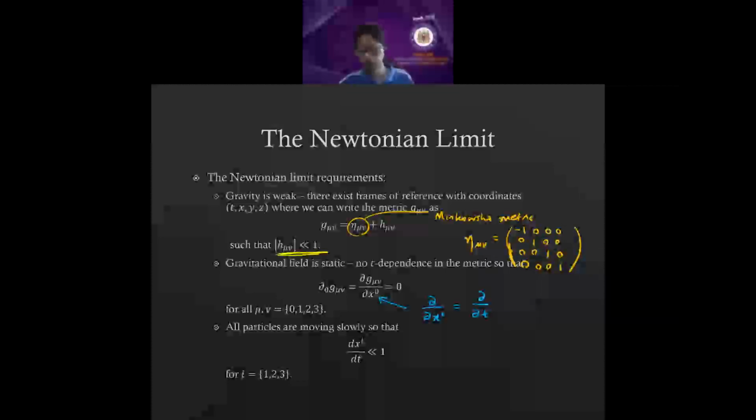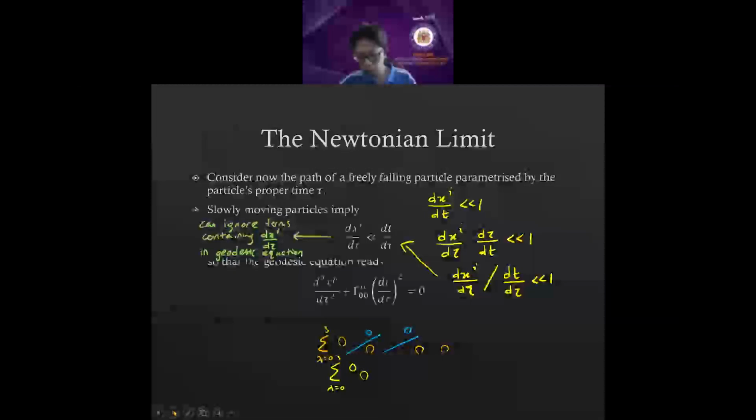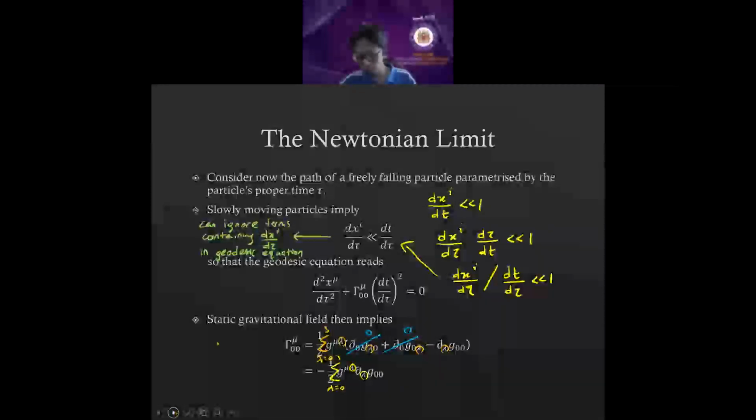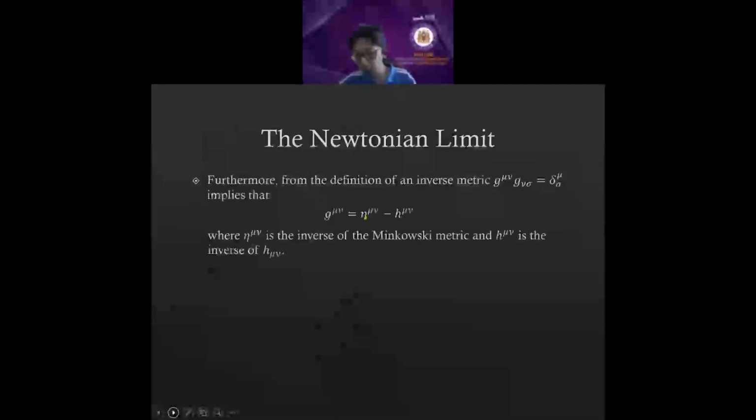This is the Minkowski metric. And for the Minkowski metric, the inverse metric is going to take the same form, the diagonal -1, 1, 1, 1 as well.